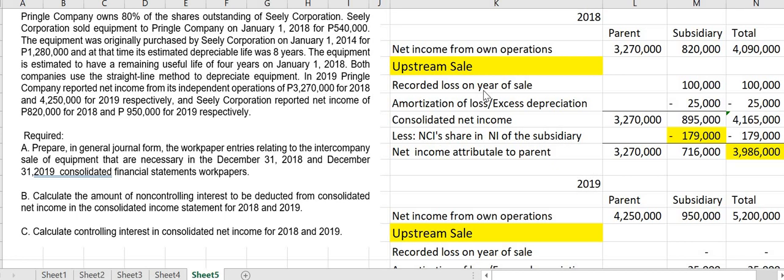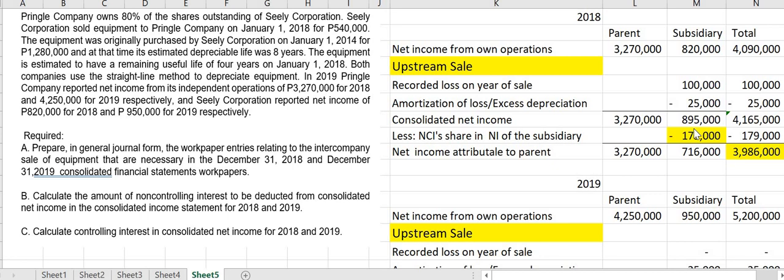So we have here our net income from own operations for 2018. For parent, we have 3,270,000, and for subsidiary, we have 820,000. And since this is an upstream transaction, therefore we'll adjust the net income of the subsidiary.